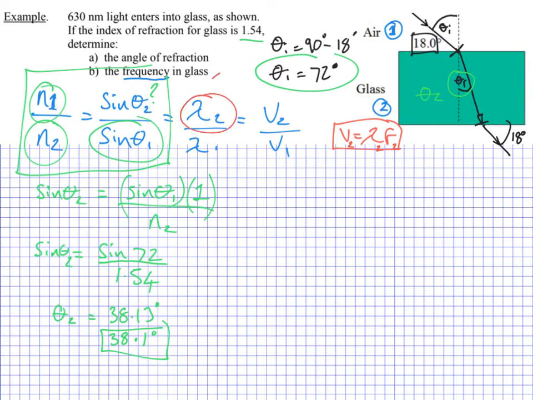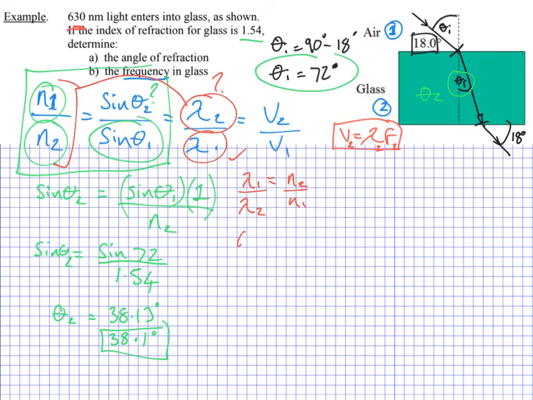We've got lambda 1, we're given lambda 1 in the question, and we'll pair this with our knowns, which are the refractive indexes. So we're going to say lambda 1 over lambda 2 is equal to N2 over N1.